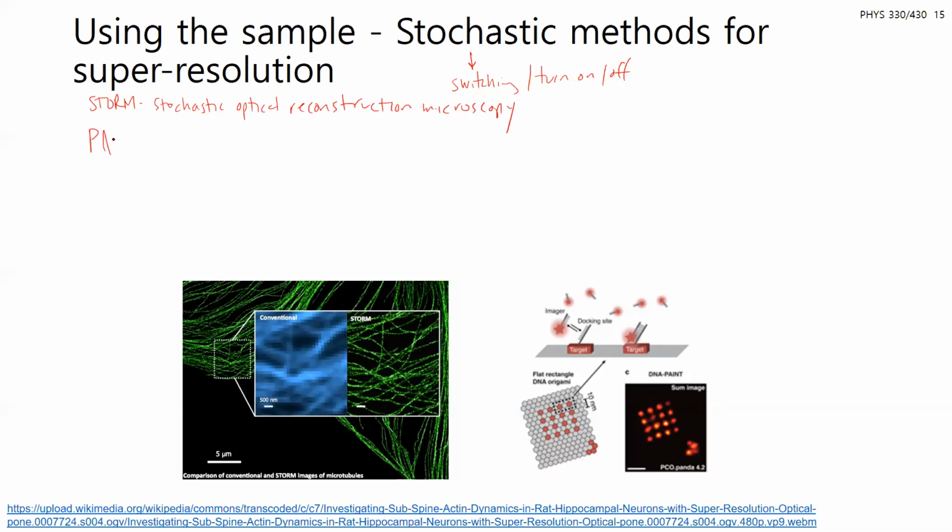Or you'll also hear PALM, which is photoactivatable localization microscopy. STORM uses organic dyes, and PALM uses fluorescent proteins.